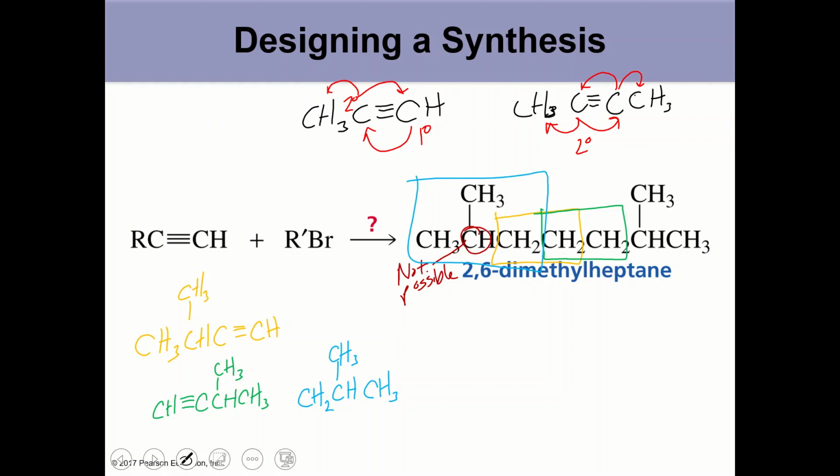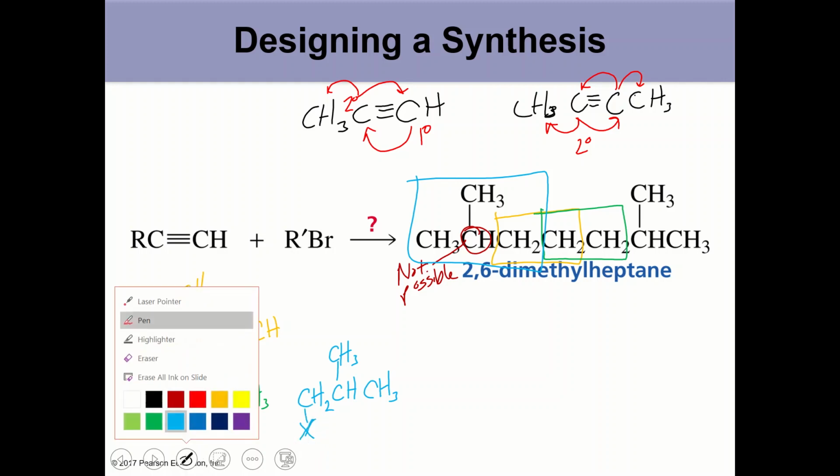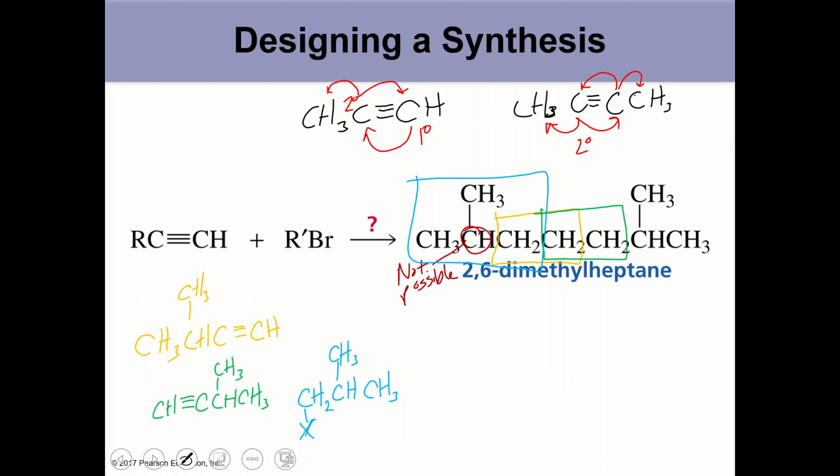How am I going to add a new carbon-carbon bond? Well, this blue section, new carbon-carbon bond, can only be added using an alkyl halide. And so at the position where the new carbon-carbon bond from the green to the blue would occur, I need to have a halide bonded to that carbon. The same thing for the orange carbons.